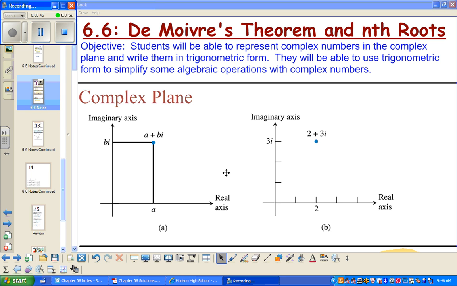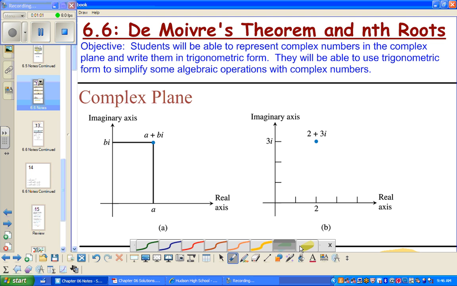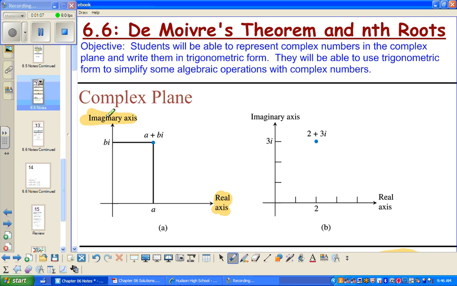Basically, the complex plane you can think of as your x and y coordinate axis, only instead of using x and y, along the x-axis we call that the real axis, and along the y-axis, we call that the imaginary axis.